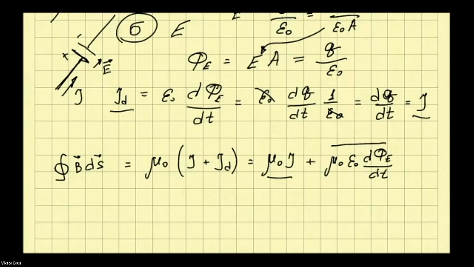We have shown that both of them by magnitude are equal to each other. So it doesn't matter which surface we consider, we will get the same magnitude of this integral over the closed path of the product B vector ds vector.